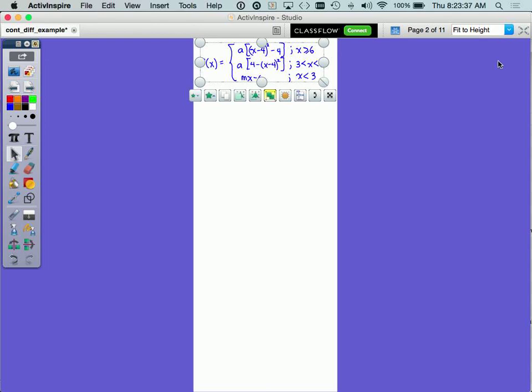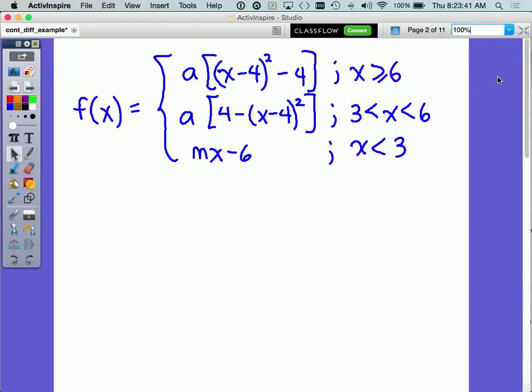So this is the function we're dealing with, and what we want to do now is test to see whether this function is continuous and whether it's differentiable. So we begin by looking at continuity. Remember, for continuity, what do we need? Well, we're interested in whether it's continuous at 3.